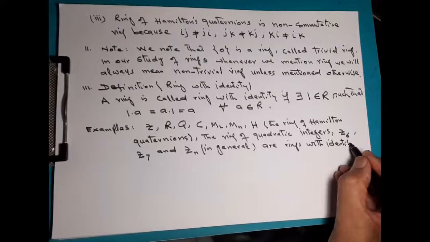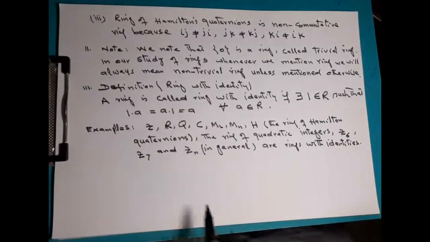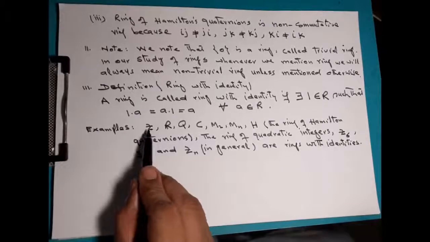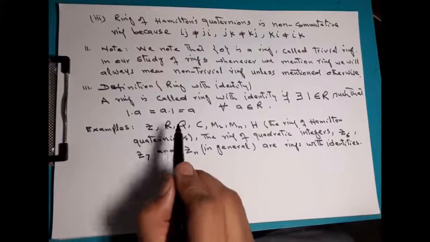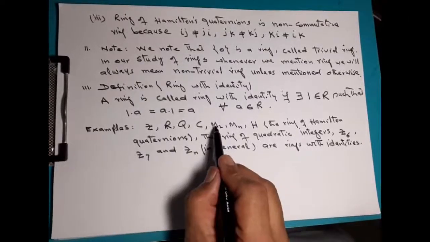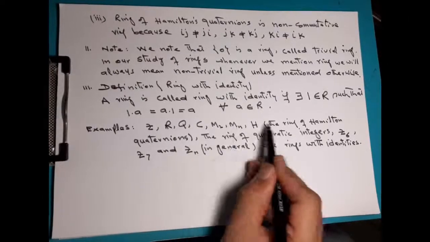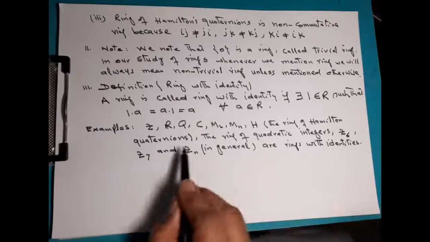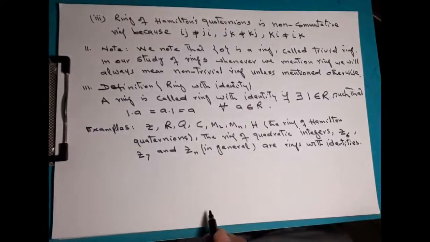Let's write the identities anyway. So each of these rings has a multiplicative identity in it. In Z, 1 is there. In R, 1 is there. In Q, 1 is there. In C, 1 plus iota 0. In M2, the matrix with rows 1, 0 and 0, 1, and so on. So all these rings are rings with identity.